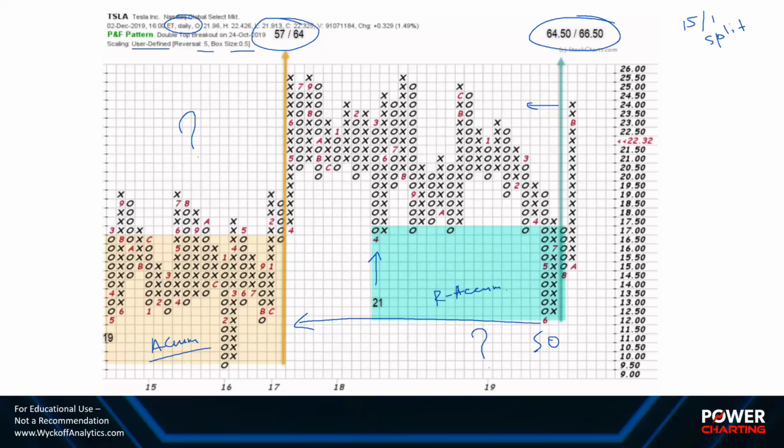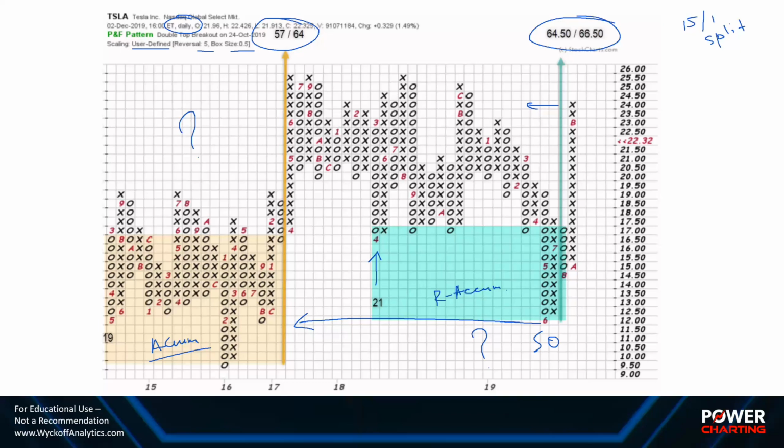That's 21 columns. That counts from the low and from the count line at $14.50 counts up to 64.50 to 66. The accumulation base count and the reaccumulation count approximately equal each other. It's a stepping stone confirming count.